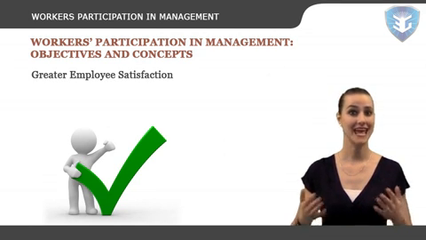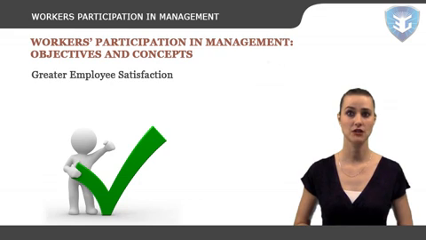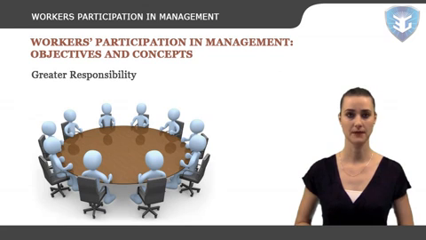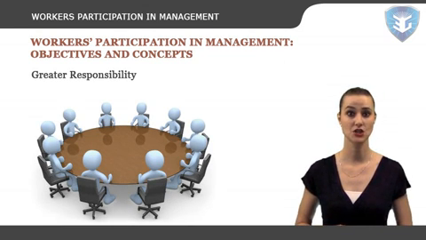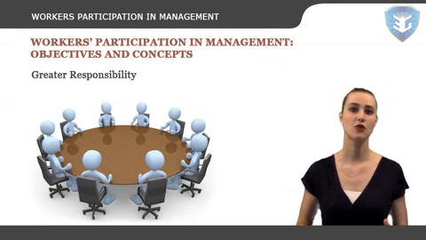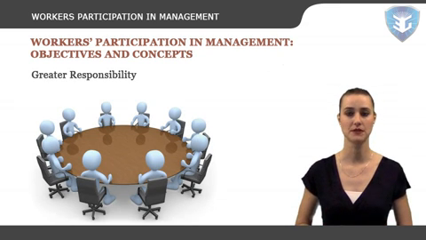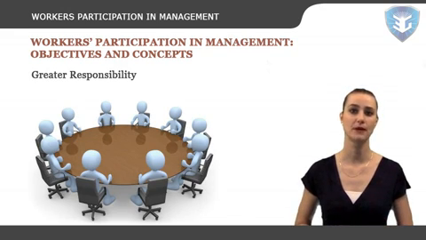Participative management aims at enhancing the satisfaction of the employees by fulfilling their desire for participation in the decision-making process, especially on the matters affecting them. Greater responsibility. Making the employees accept a greater responsibility for the decisions of the organization is another objective of participative management. The aim of the organization is to improve the involvement of the employees in its affairs.